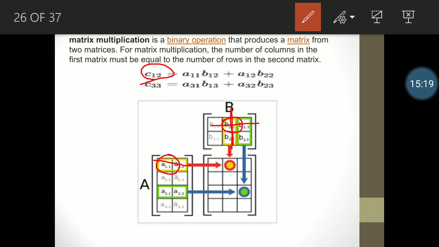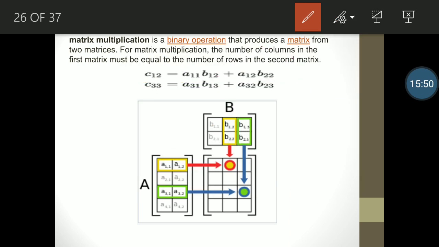So our first element A11 will be multiplied with B12, plus our second element, which is A12, will be multiplied with the column's second element, which is B22. So this will be our C12 position's answer.